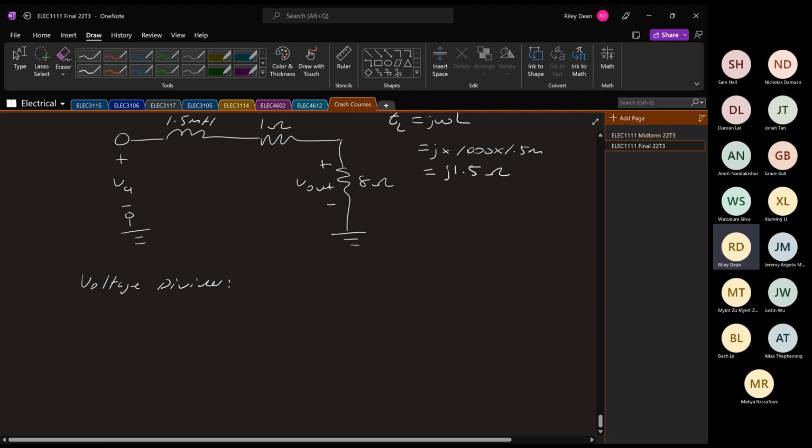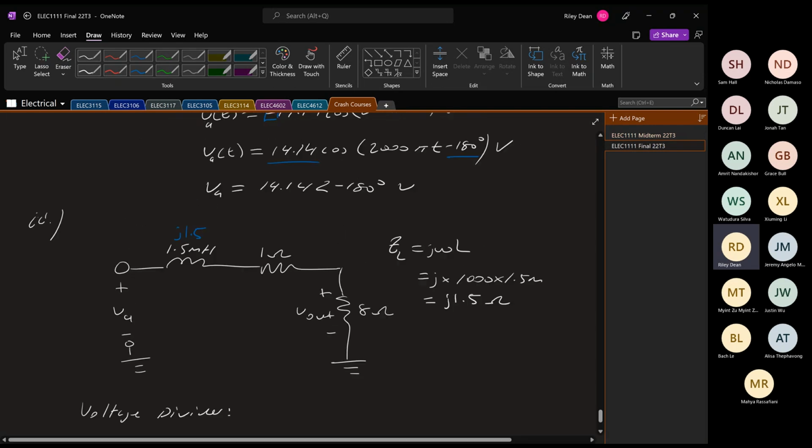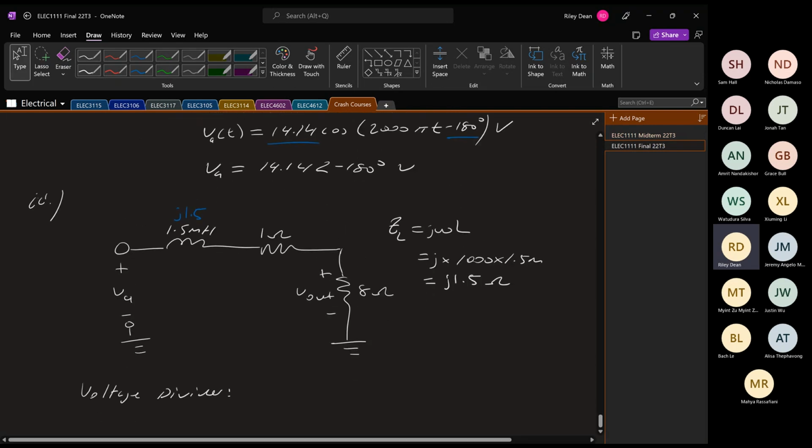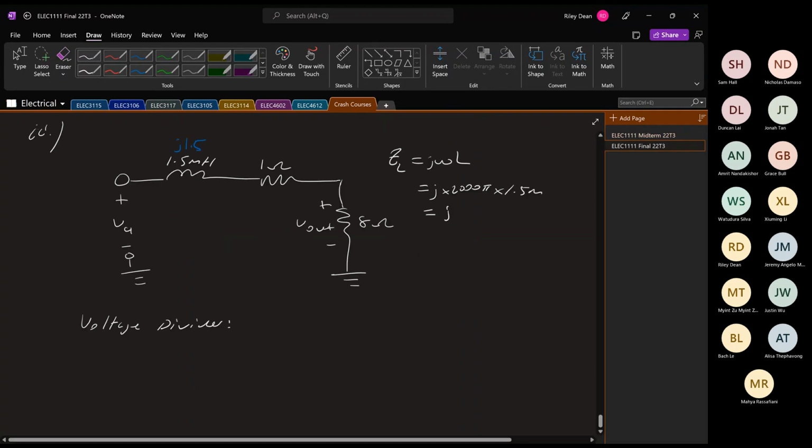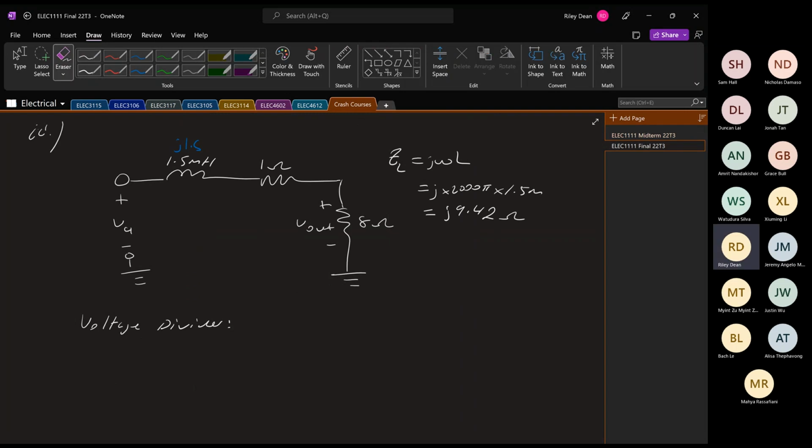I don't know if Inma still talks about voltage divider being her favorite equation in ELEC, but it is very handy and you'll use it a lot. It should be 2000 pi. You're spot on. Thank you for spotting that. And so that gives us j9.42.